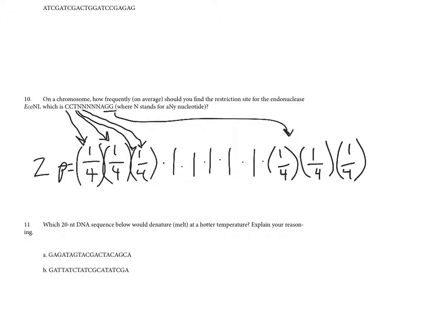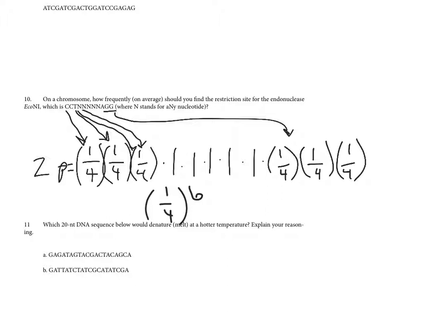If you want to simplify it, it's a quarter to the 6th. It's a quarter times itself 5 more times, which is whatever I wrote in the answer key. You can plug it into Google Sheets or Excel or a calculator and get the answer.